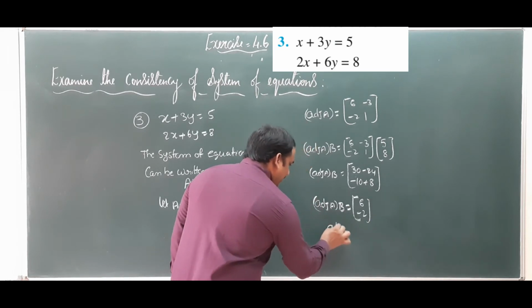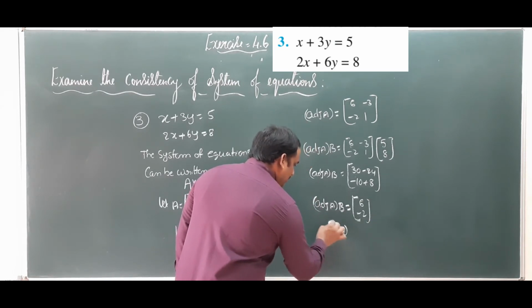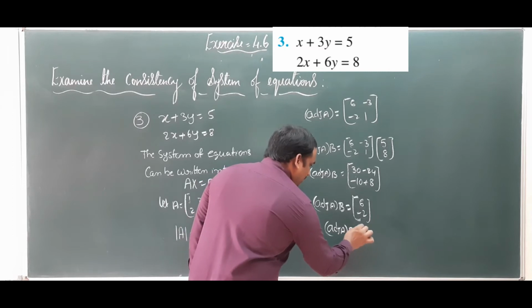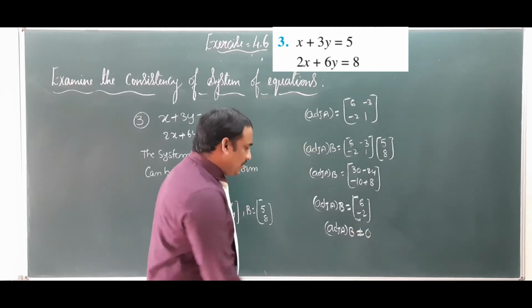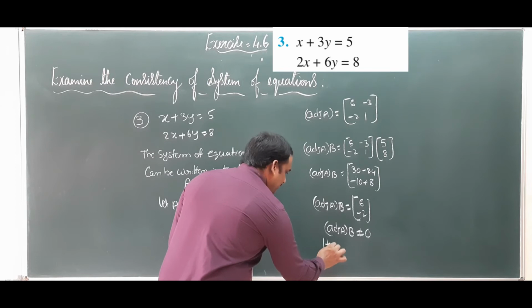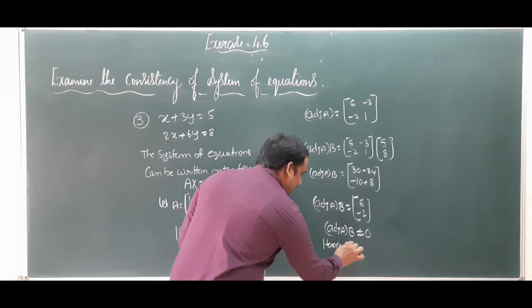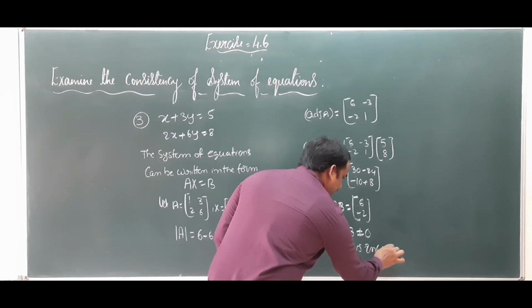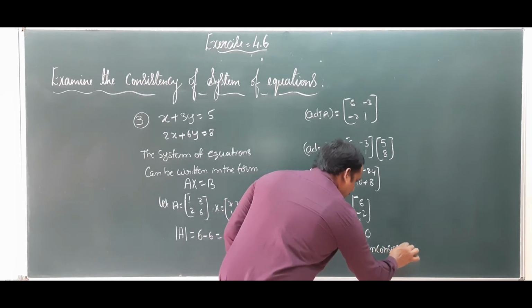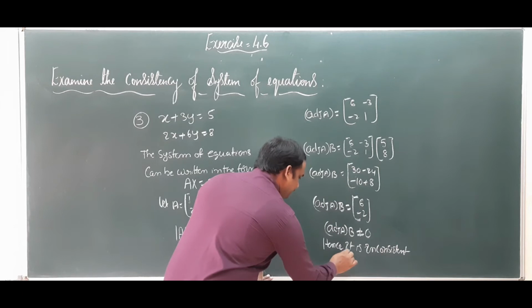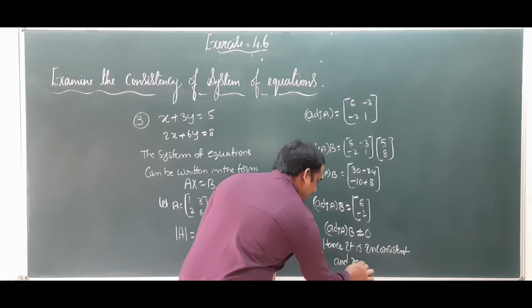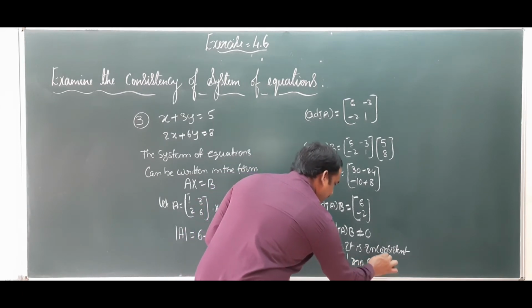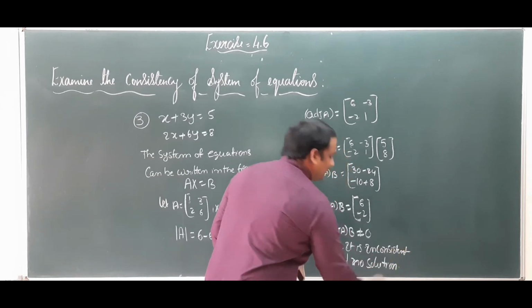That means adjoint of A into B not equal to 0. Not equal to 0 means hence it is inconsistent and has no solution.